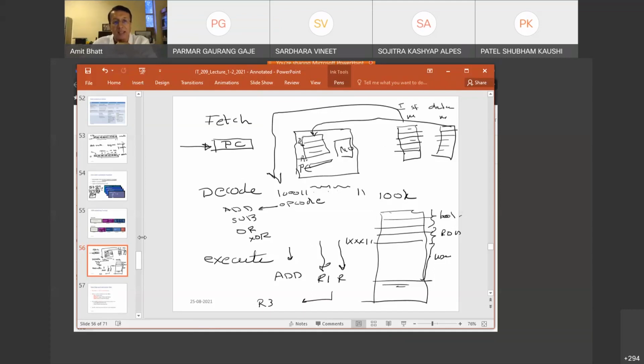And then the second round will come and the third round will come. Just like we gave the previous example, before we write the add instruction, we have to write load instructions, which would load data into registers. So we would write load R1 from a particular memory location from the data register, load R2 from a particular location in the data register.